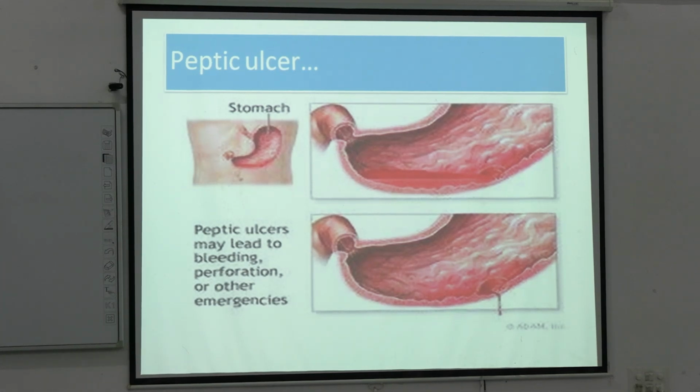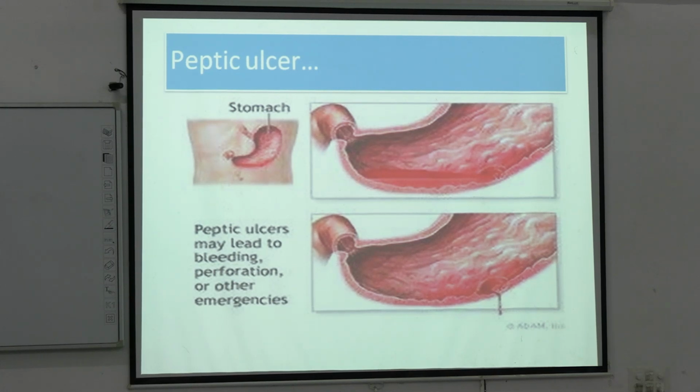But whenever you take the history in the emergency, the patient will say, do you take some drug, or analgesics? That may aggravate the previous peptic ulcer. As a result, there might be perforation. It is an emergency, the perforation operation. They do a laparotomy incision, open and repair the ulcer that is perforated.